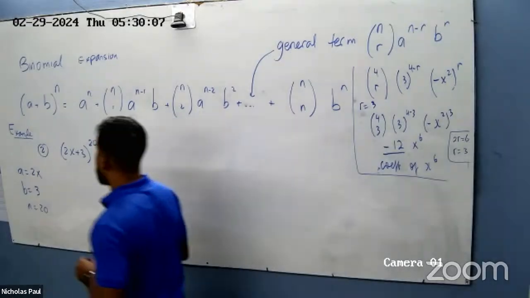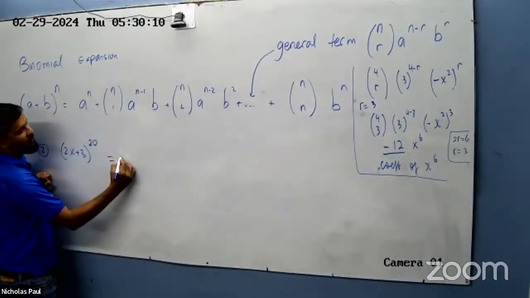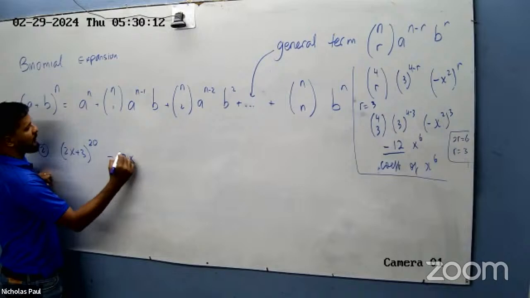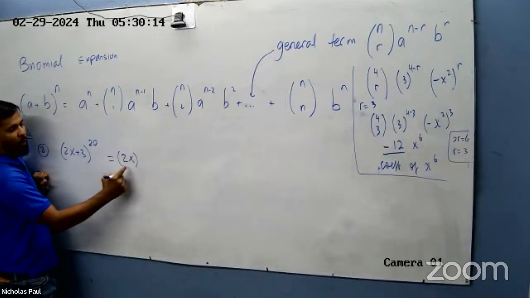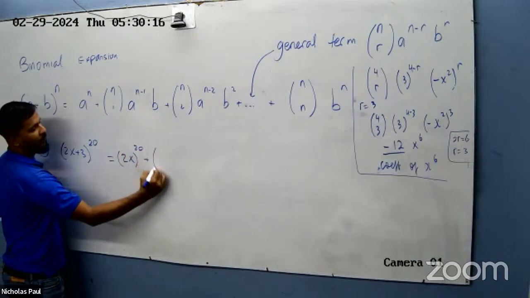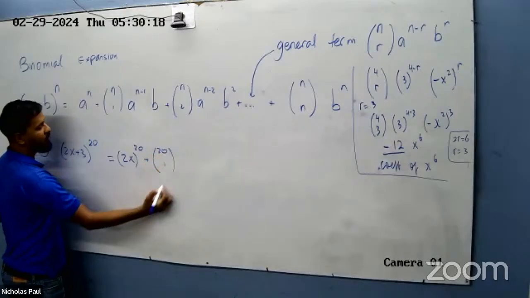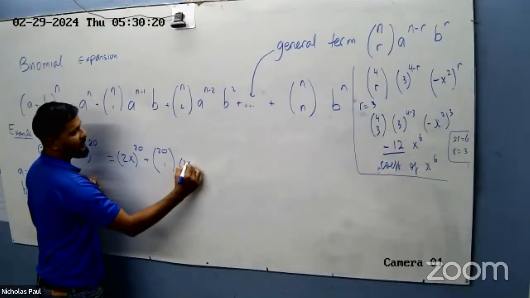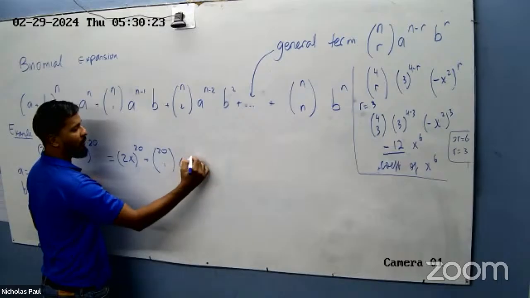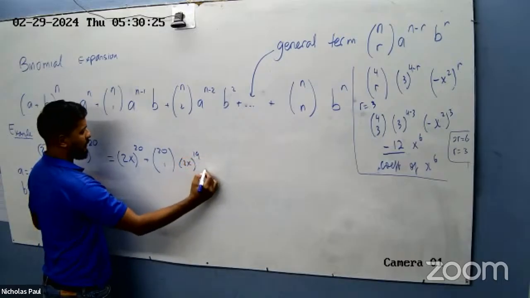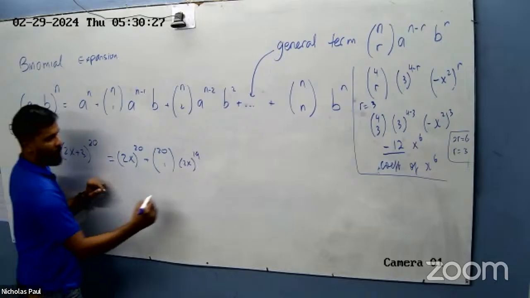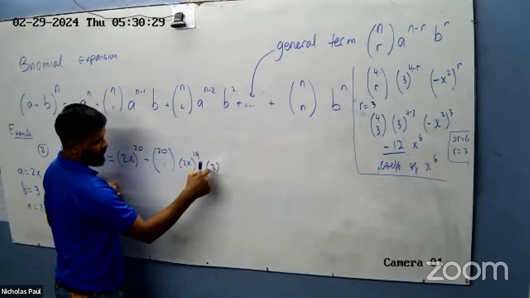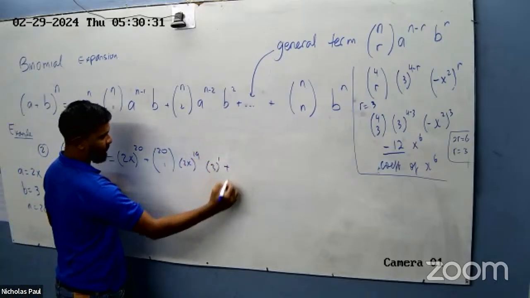Right, so what are the first three terms? It will be 2x to the power of 20, then 20C1 by 2x to the power of 19 by 3 to the power of 1.